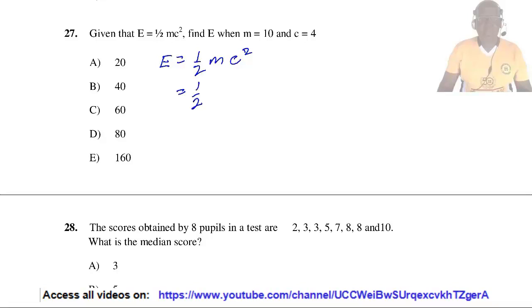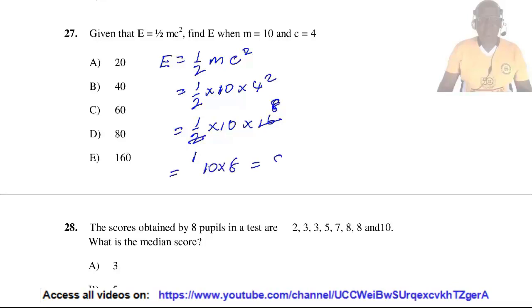So half times 10, and 4 squared. 4 squared is the same as 4 times 4, and that is 16. 2 goes here 1, 2 goes here 8. So 10 times 8, which equals 80. So the answer is D.